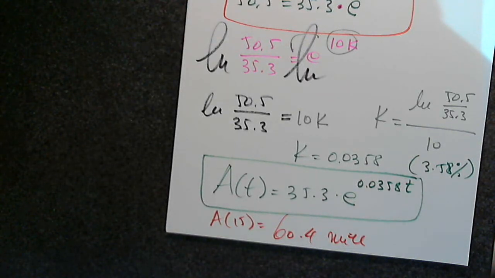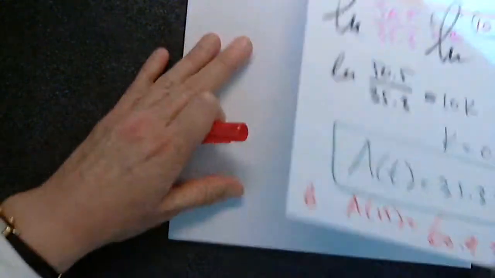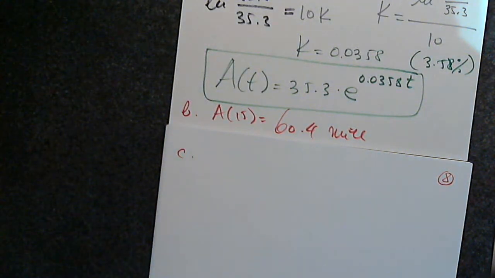Part C. In which year will the Hispanic resident population reach 70 million? So my apologies, this was part B, and now part C. In which year will the population reach 70 million? Would you have to put 70 million in per se? Of course, because that's the amount, that's the number.